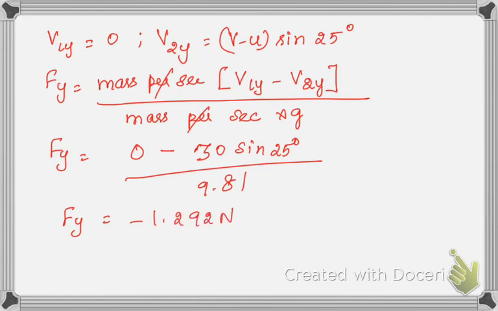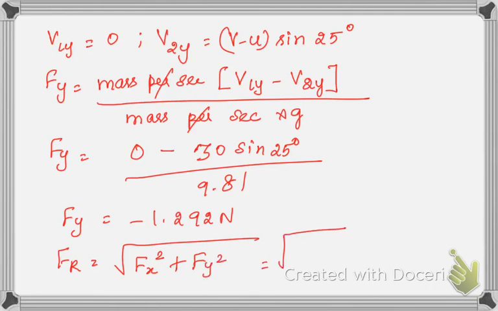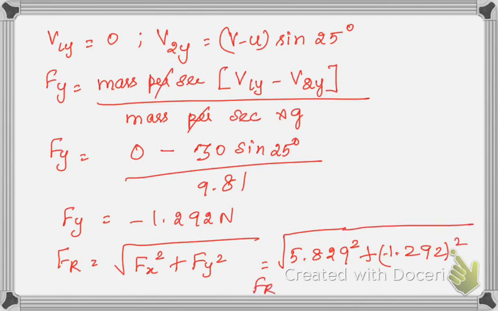Now I have to calculate my resultant force Fr. So Fr is equal to root of Fx square plus Fy square, which is equal to root of 5.829 square plus 1.292 square. So my resultant force is going to be 5.917 Newton.